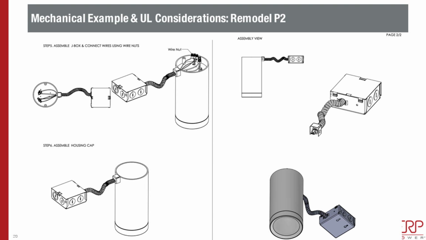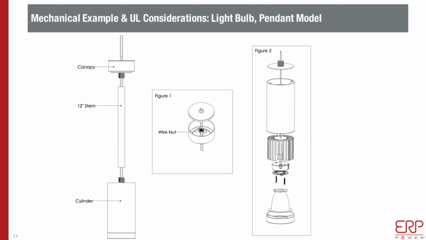This is the overall fixture, this is how it's going to look, put in a cylinder. Just don't think about that as the only fixture. Think of it as a generic fixture that could be anything. You can think of dozens and dozens of styles of fixtures out there. But on the bottom right-hand corner, that is how the fully assembled fixture will look in a remodel case.